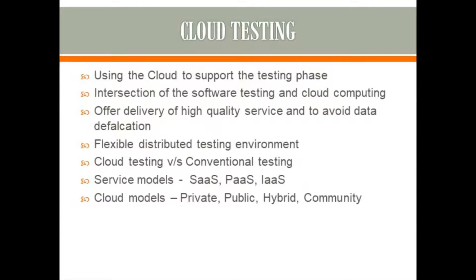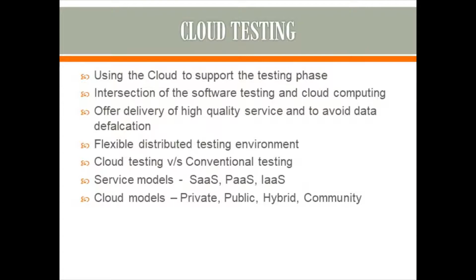Now, about the cloud models. We have four types of cloud here: private, public, hybrid, and community. The private cloud is dedicated to the organization, so it is specific to their own space. The public cloud is open to everyone, so everyone can have easy access to it.